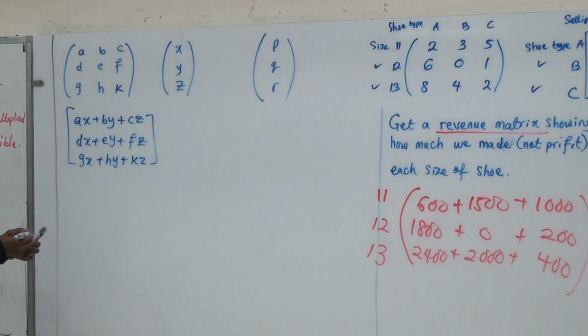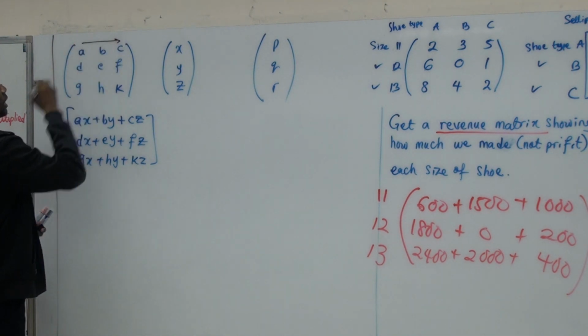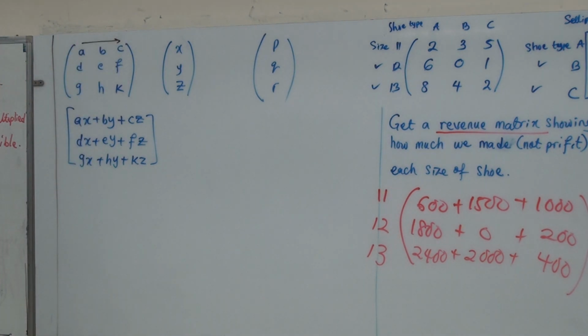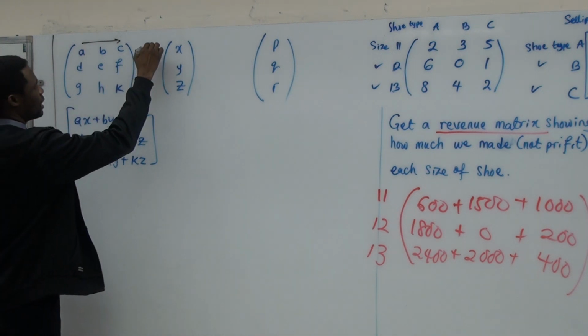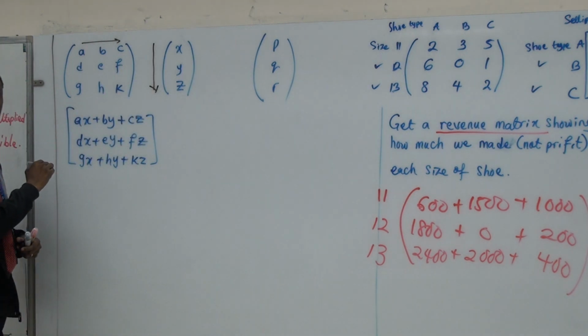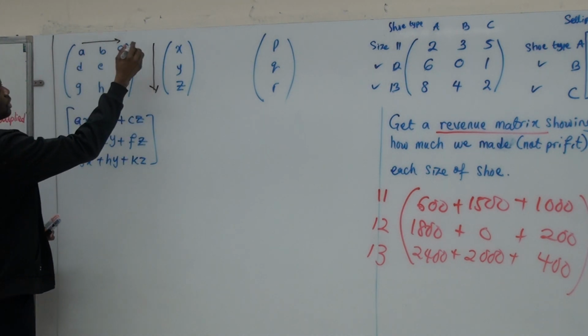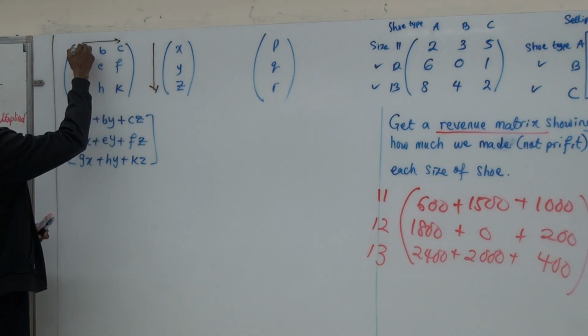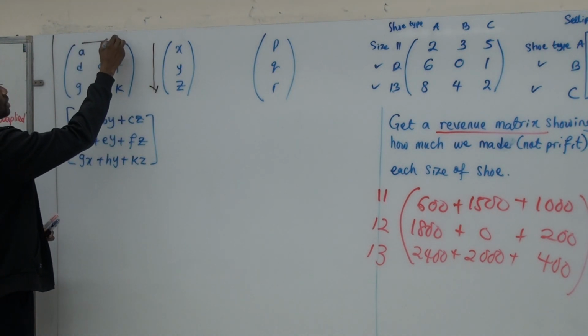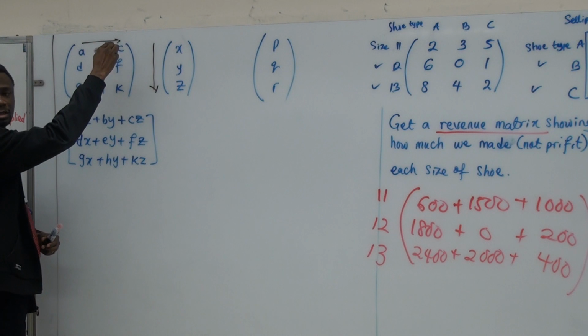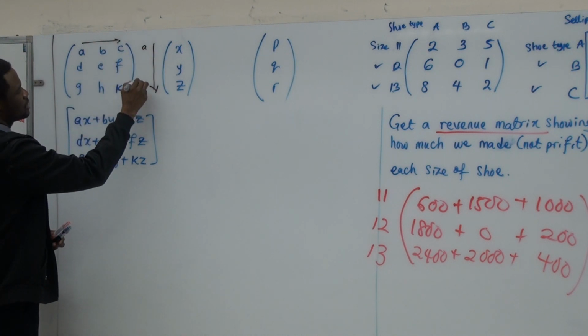Now let's go through it again. Basically what you did is to bring the elements in each row and bring them to the column one by one. So A, B, C. A is at the end of the arrow, C is at the top of the arrow. Can you see that? So your A is here, your C is here, your B is here.